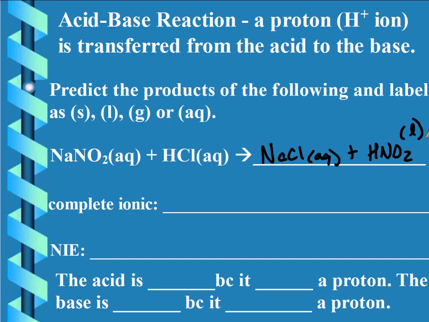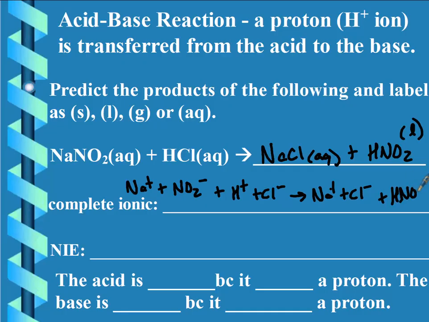So for my complete ionic, sodium nitrite should break apart. HCl is a strong acid, so that should break apart. Sodium chloride breaks apart, and nitrous acid should stay together.